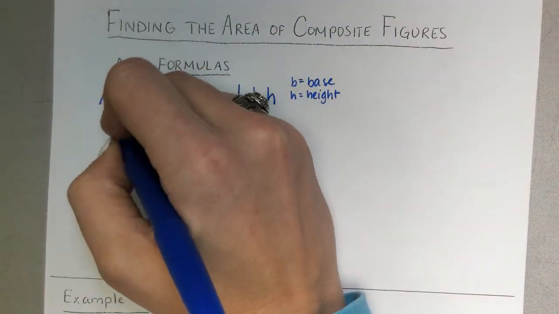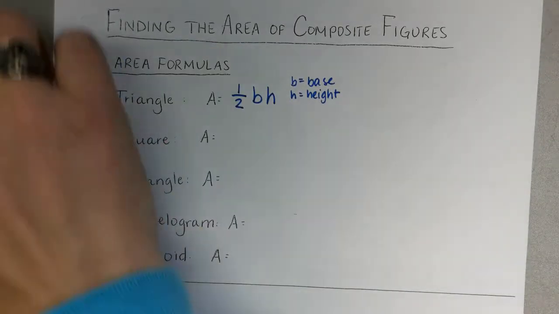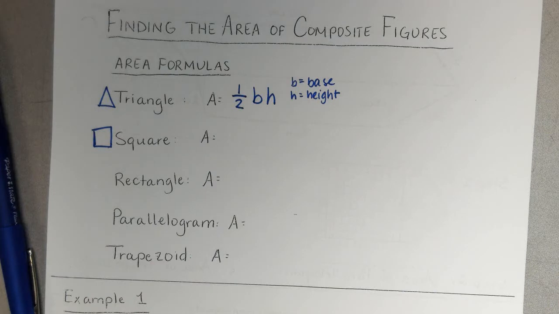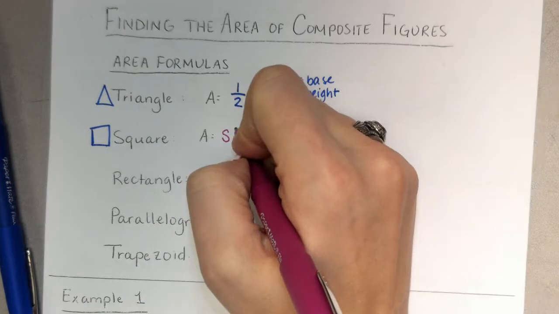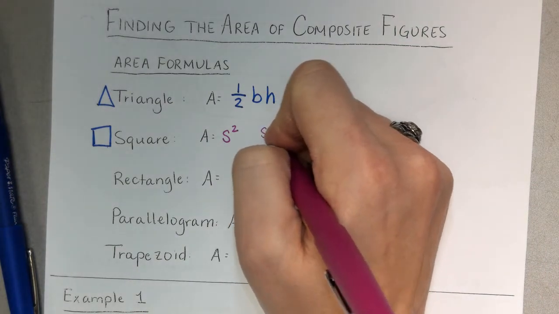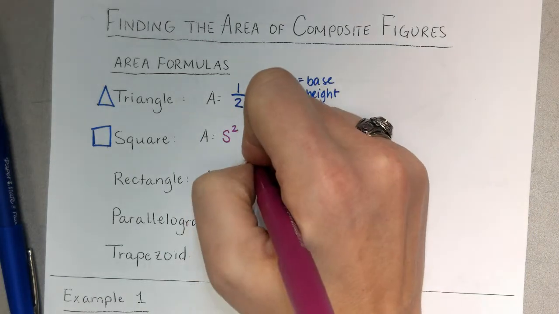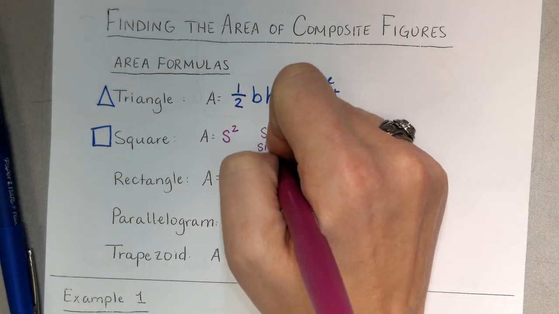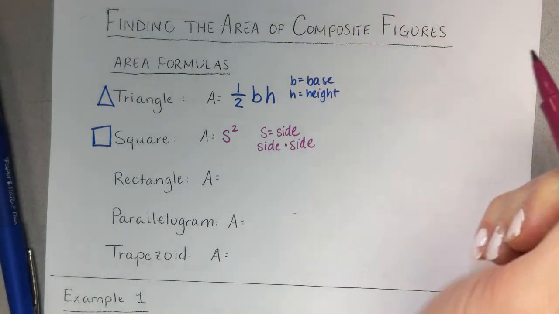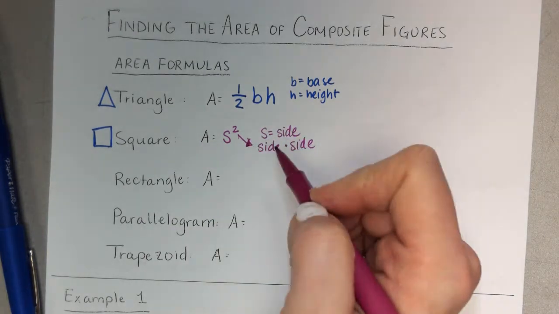For a square, the area is the measure of the sides squared. S equals side, so it's side times side. Side squared means side times side.